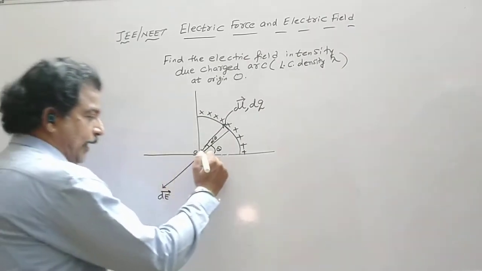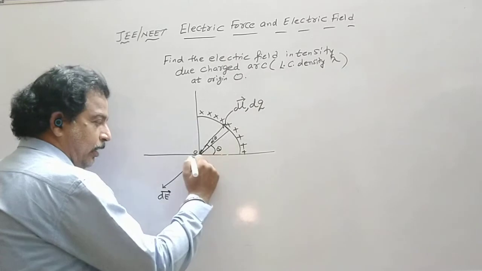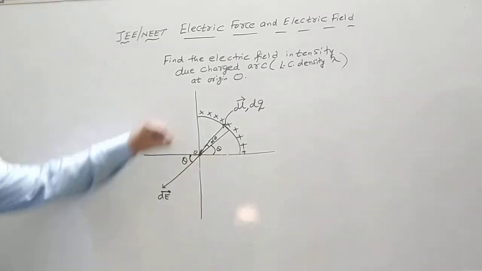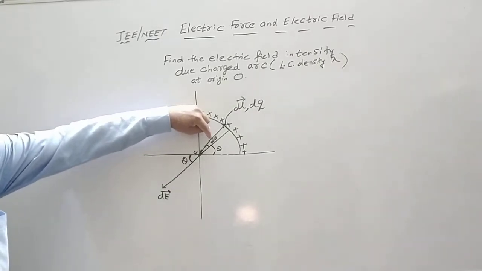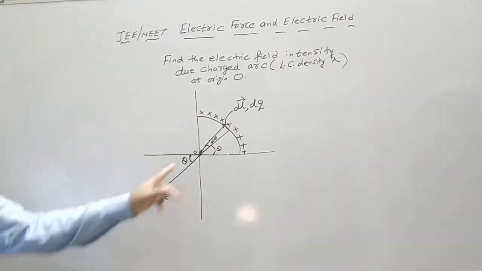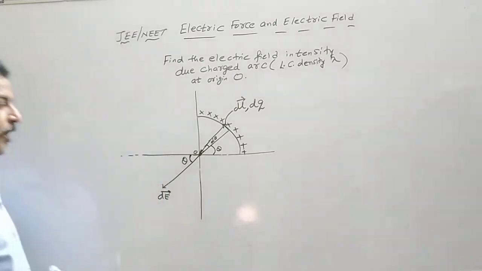Now we assume that this d theta is very small, so this angle is assumed to be theta. So we assume that this angular width, or this d theta, is very small. So our field is two-dimensional.